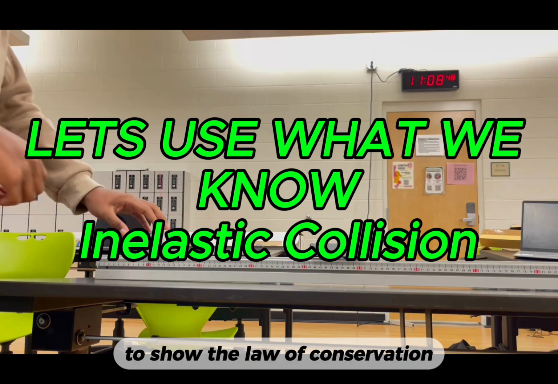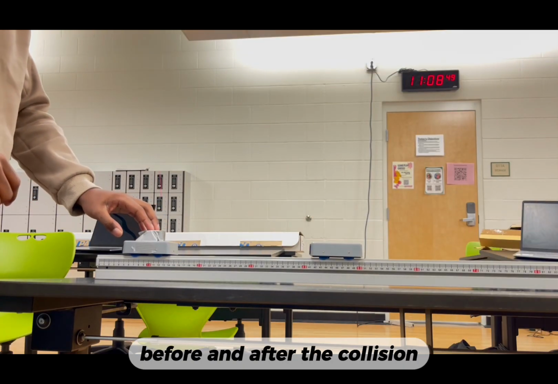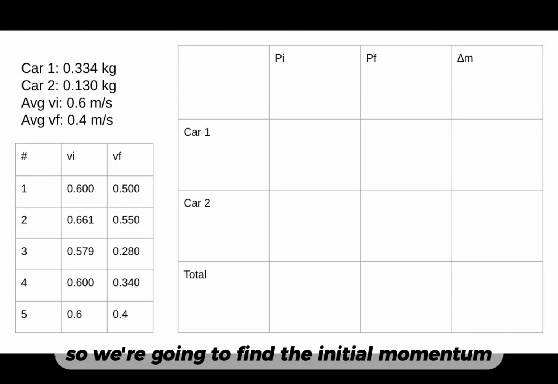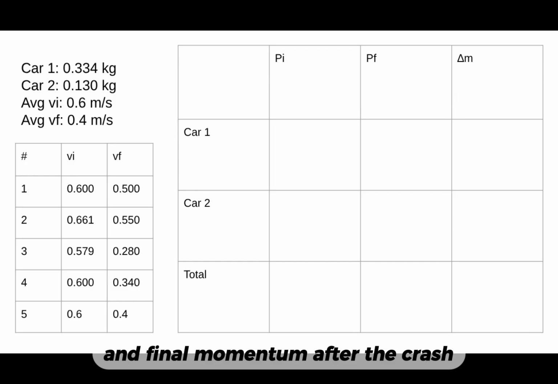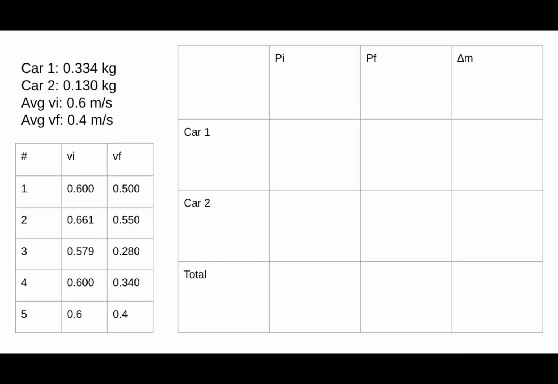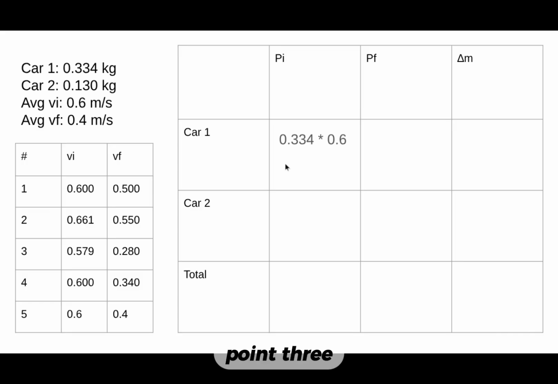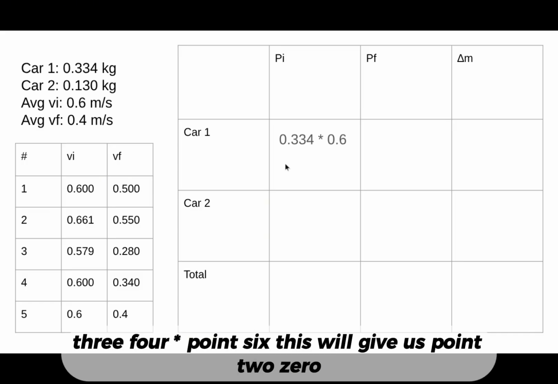To show the law of conservation, we need to find the momentum before and after the collision. Momentum is mass times velocity, so we're going to find the initial momentum and final momentum after the crash. The initial momentum of car 1 can be found by doing 0.334 times 0.6.